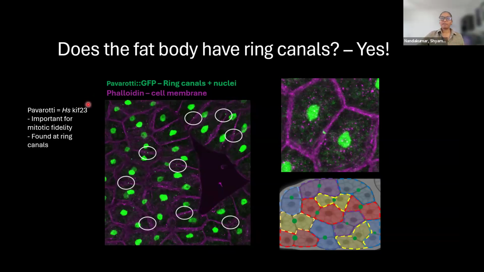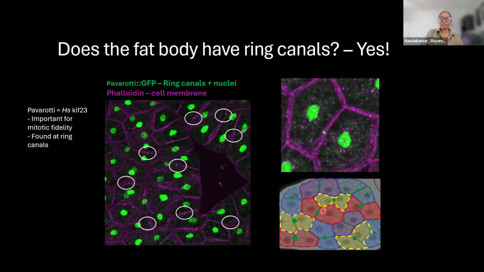And sure enough, we find ring canals or ring canal-like puncta throughout the Drosophila fat body, in a tissue geometry where one adipocyte is paired to exactly one of its neighboring cells through this Pavarotti-GFP puncta.